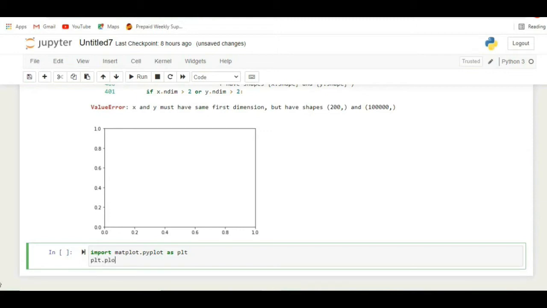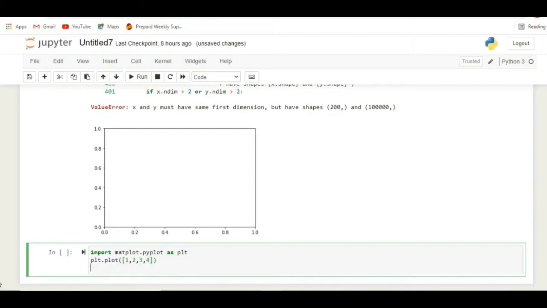So plt.plot, and inside the parenthesis I shall write 1, 2, 3, 4, and after that plt.ylabel, and in the y label you will write some numbers.